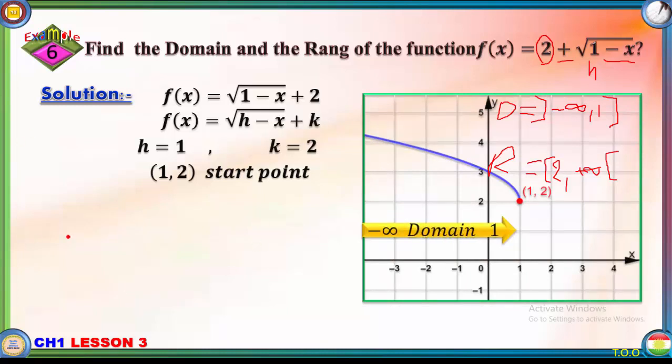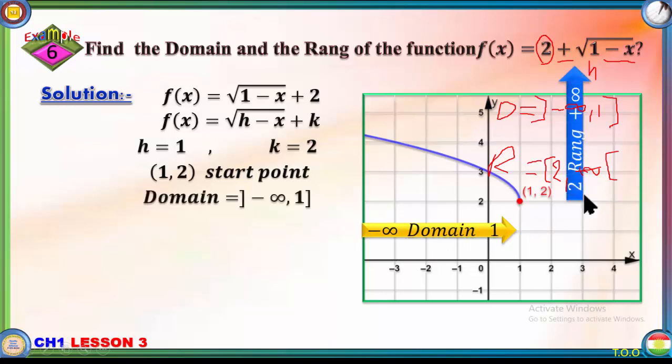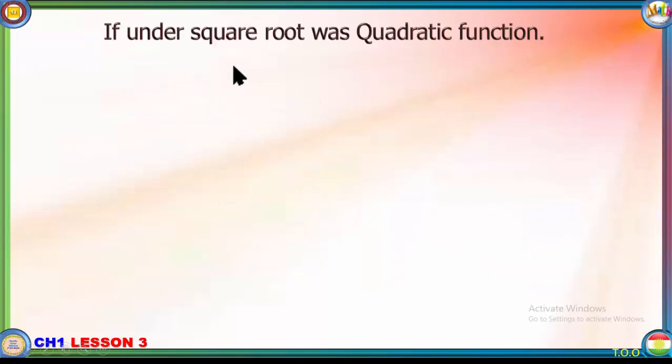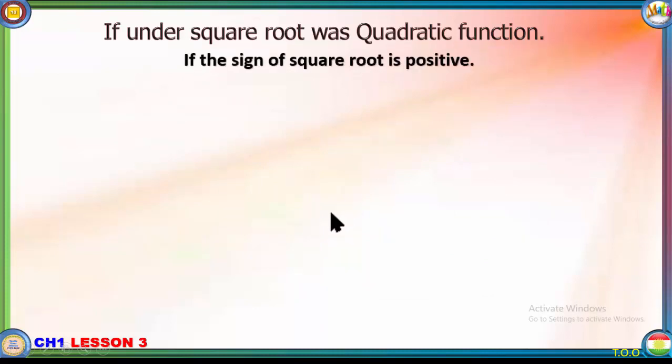As you can see in this picture, the domain starts from minus infinity to 1, as we said, and the range starts from 2 to the positive infinity. If under the square root was a quadratic function, the first type, with the sign of the square root positive, we have two types.